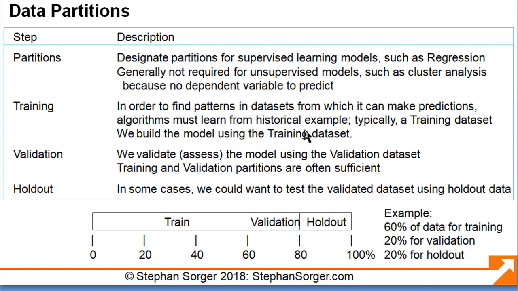So instead, we leave some portion of the data out and use it later to validate the model. That's called partitioning the data. We often allocate about 60% of the data to build the model using what's called the training data set. We use the rest of the data to validate the model we built. Using a validation data set alone is sufficient, although occasionally we employ the use of a holdout or test data set.